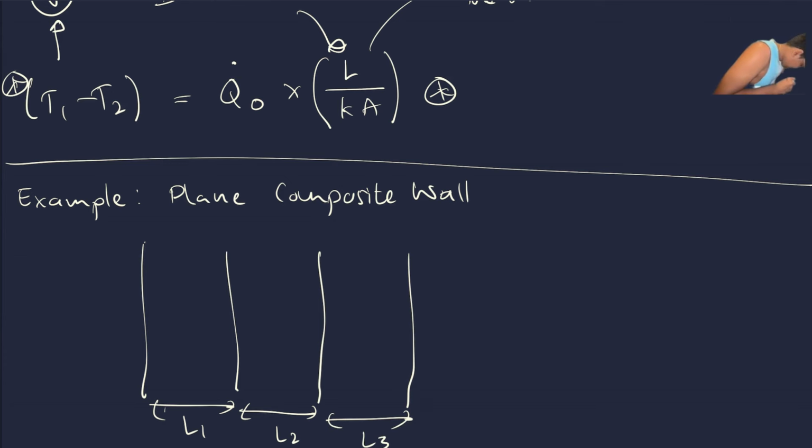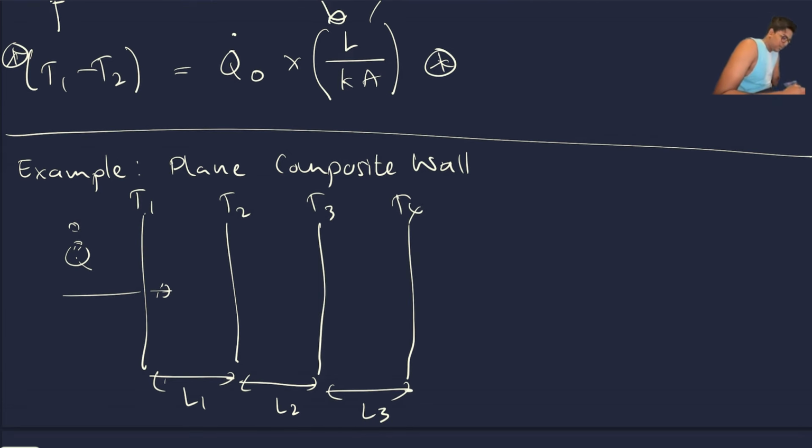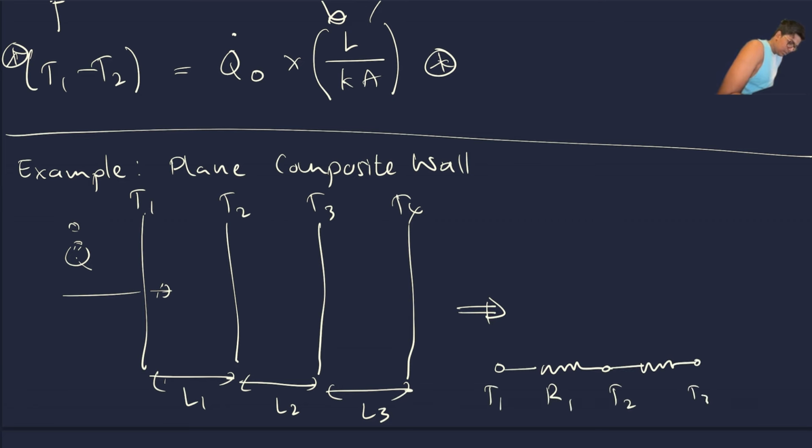We have the heat flux Q dot O entering, and the temperatures T1, T2, T3, T4. In terms of circuit principles, we can write this as T1 to T2 with thermal resistance R1, T2 to T3 with thermal resistance R2, and finally T3 to T4 as R3. So we have three resistors.